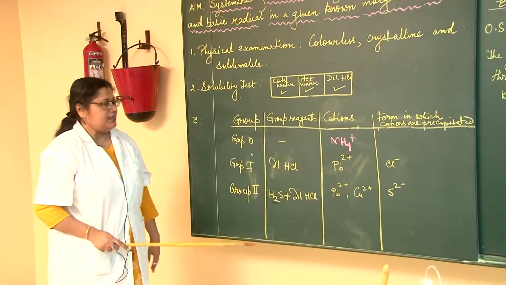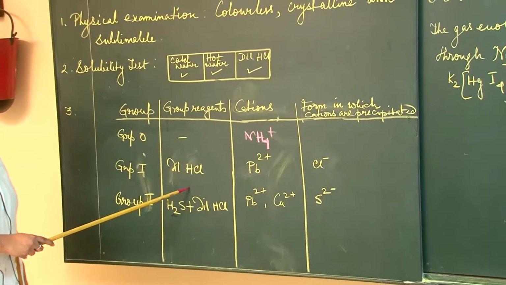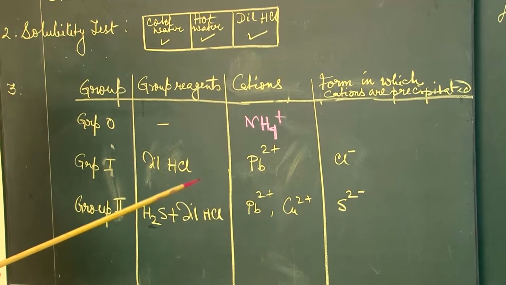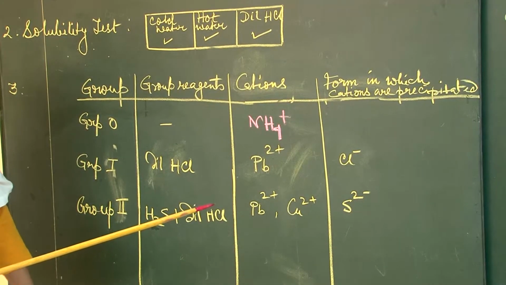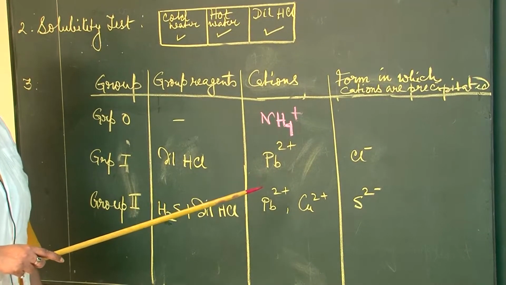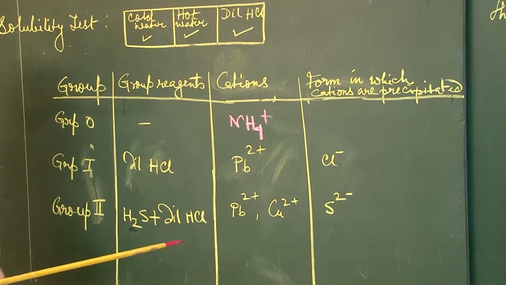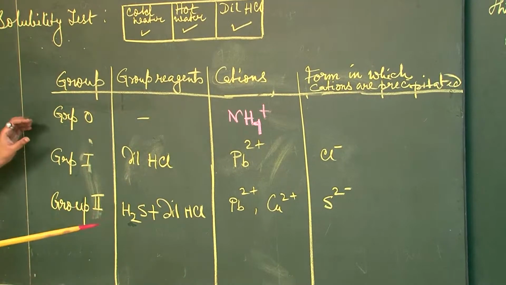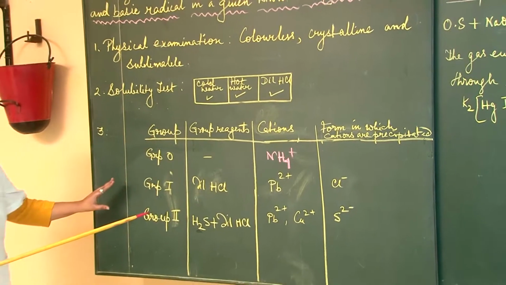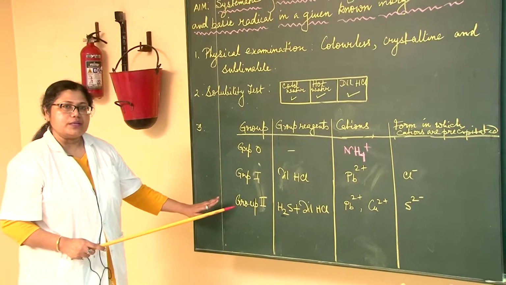For example, if we add dilute HCl to a sample containing all cations, chlorides of lead, silver and mercurous will be precipitated, and the rest of the chlorides will not be precipitated as they are water soluble. This is how we have included specific cations in particular groups, and in this manner you have in your syllabus group 0 to group 6.